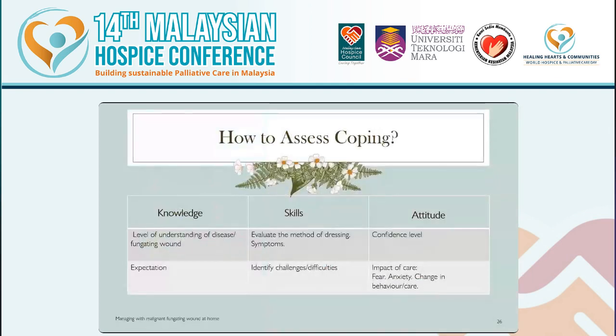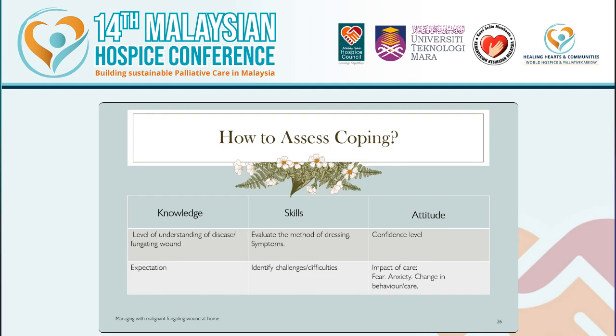After we assess and manage the wound, we also need to assess their coping mechanism. In terms of knowledge, do the family members and patients understand the disease and what are the expectations of the fungating wound? Some of them may actually expect the wound to recover.